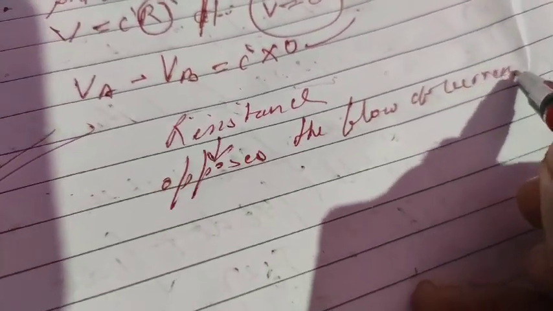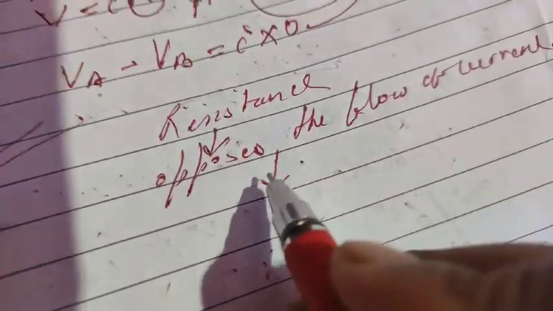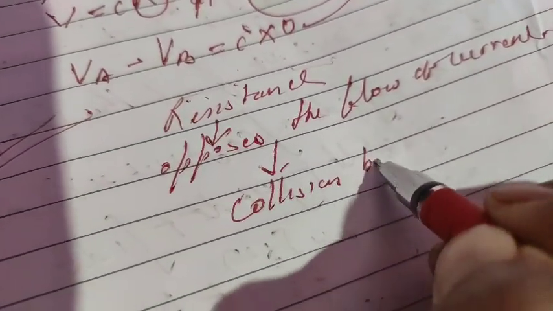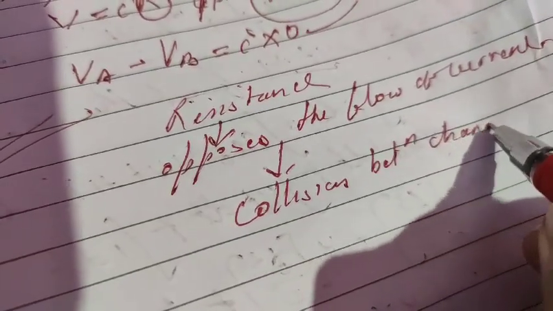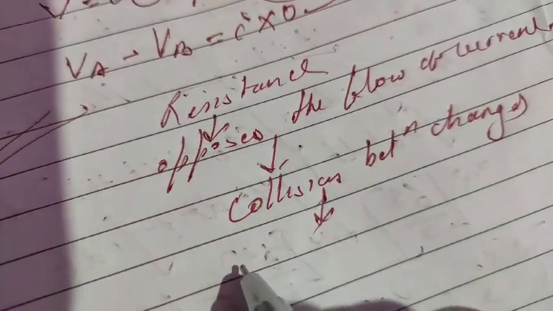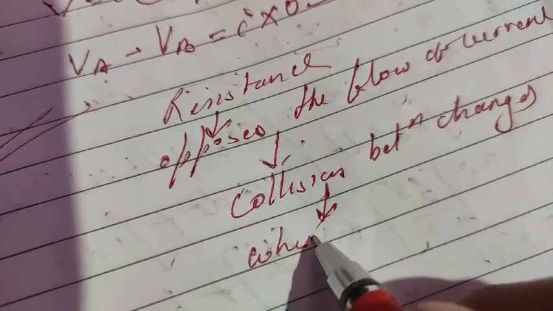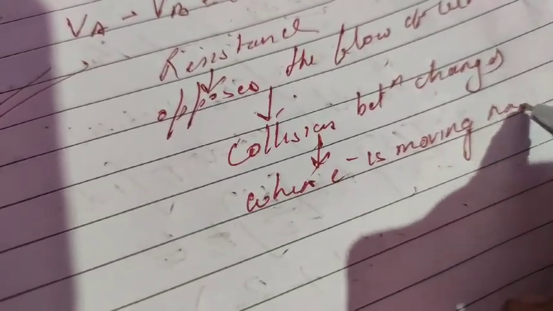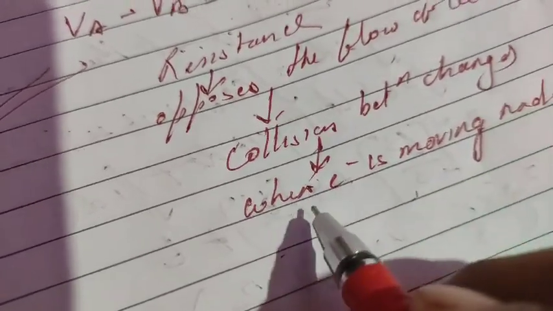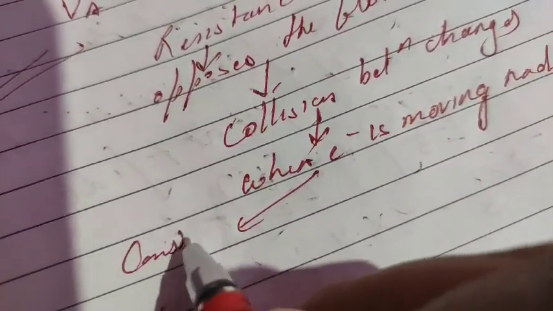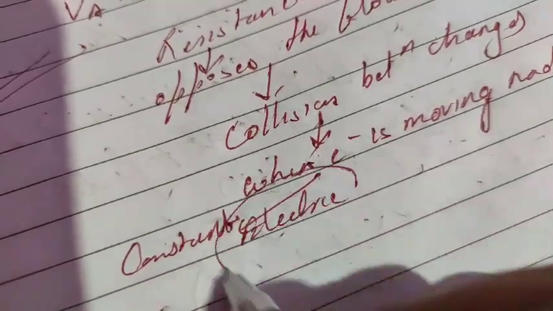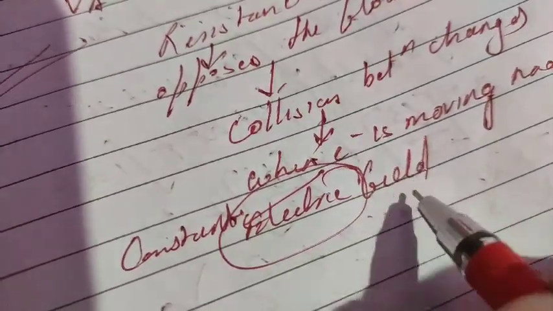So opposition occurs when there is a collision between charges, when the electron is moving randomly. But here, as we are providing a constant electric field, the electrons are also moving in a constant manner.